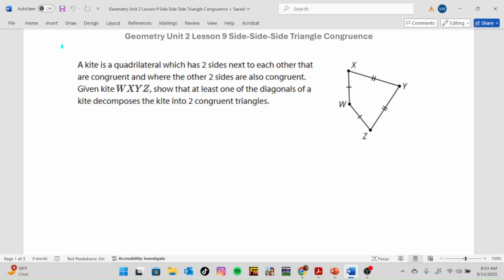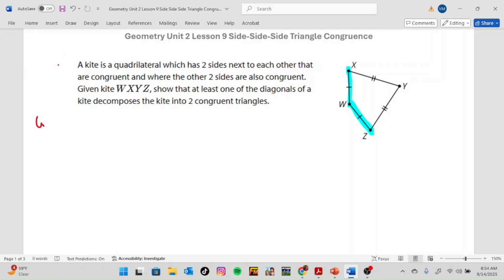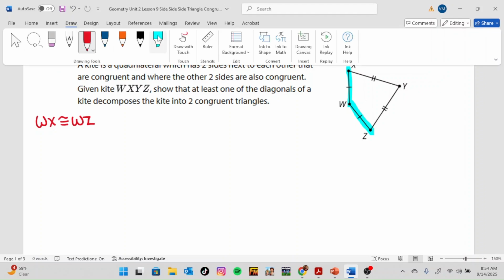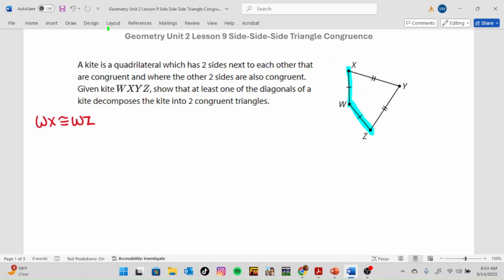So first, we notice that WX is congruent to WZ. Then we know that YX is congruent to YZ.